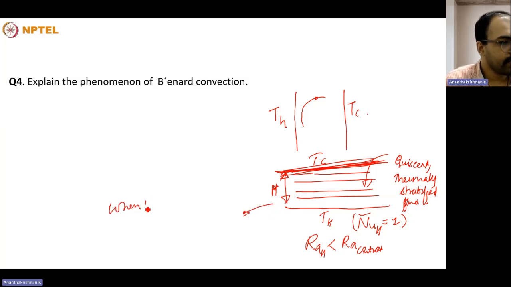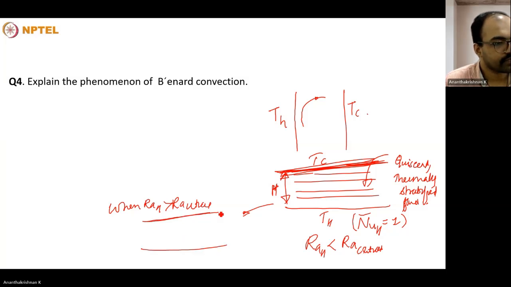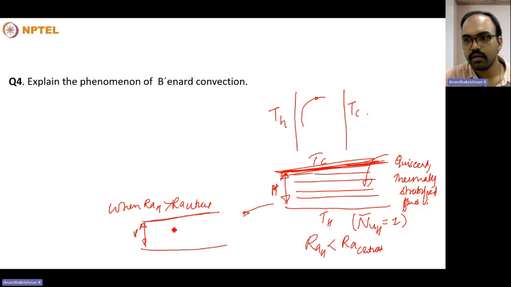But when the Rayleigh number is greater than the critical Rayleigh number, natural convection first sets in. The flow consists of counteracting two-dimensional rolls, and these are called Bénard cells or Bénard convection.